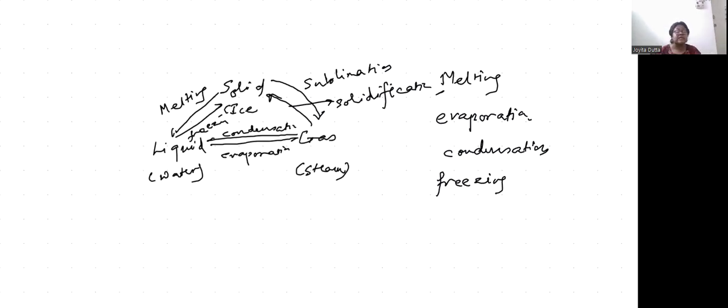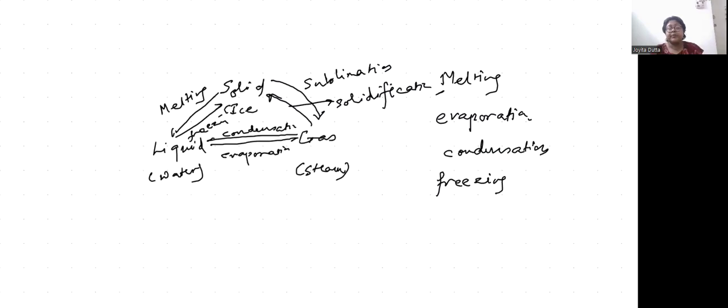From the solid state, it gets converted right to the gaseous state. That is known as sublimation. And if the gaseous state suddenly forms solid, like dry ice and liquid nitrogen, that is known as solidification.